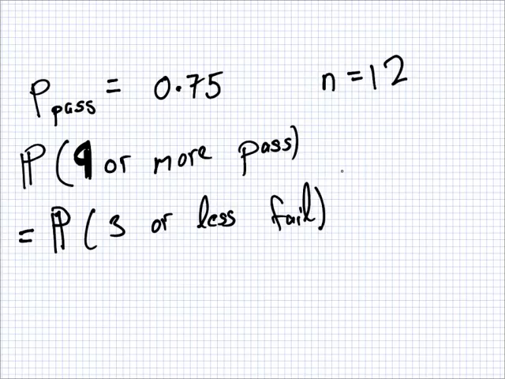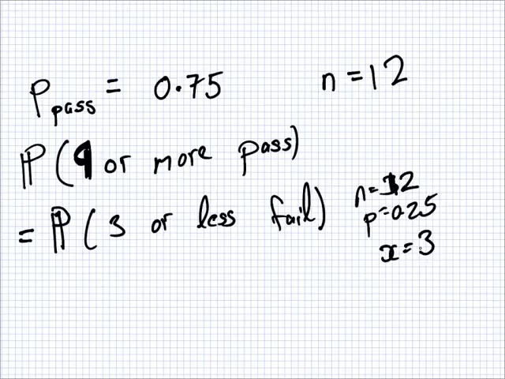So I can look up 0.25, and p is 0.25. Sorry, not n is 3, x is 3, but n is still 12. So 12, 3, and 0.25. Yes, 0.6488. Good job, Leon.